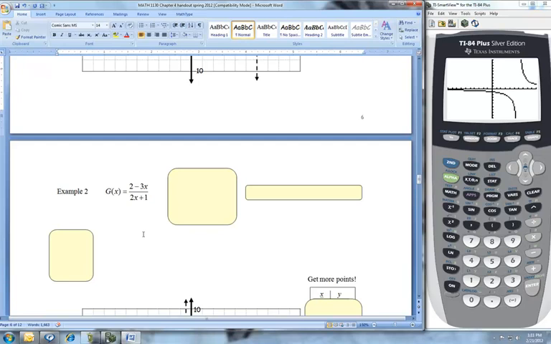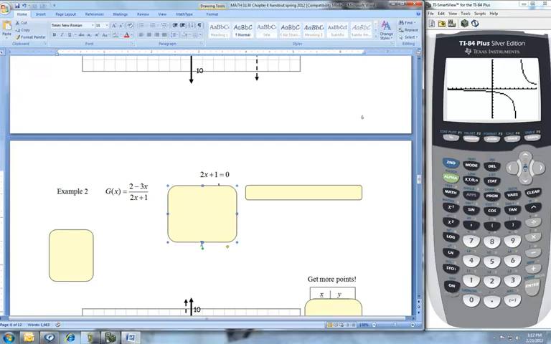So how do you find your vertical asymptote? Why don't you stop me and you go find it, and I'll keep on going. Just pause me and see if you find out what I get. So I am going to set my denominator equal to 0 and solve. So I'd be subtracting 1, divide by 2, so I'd have x equals -1/2.